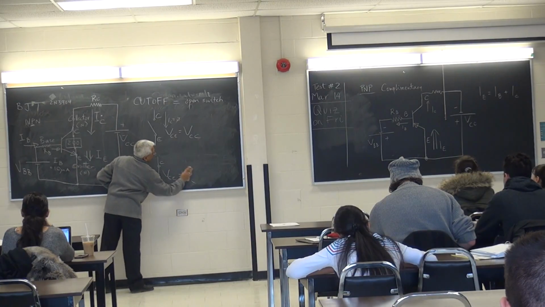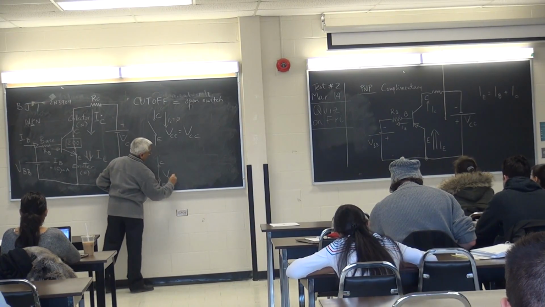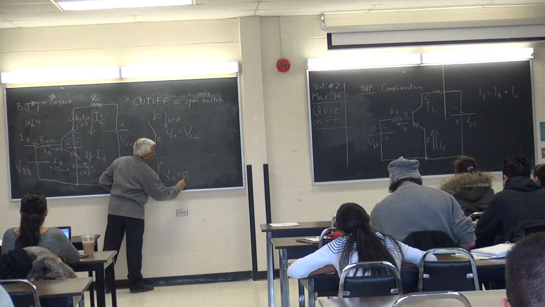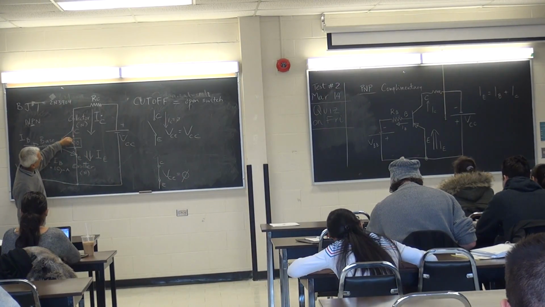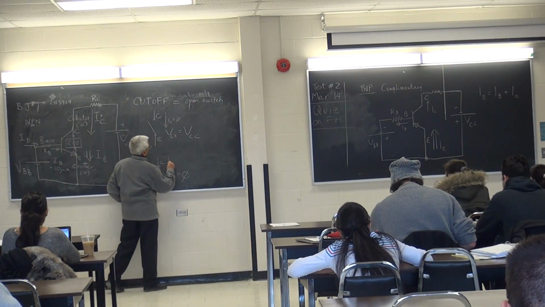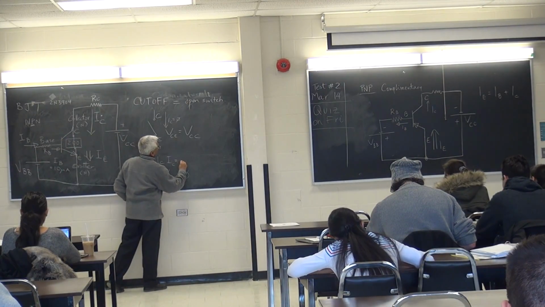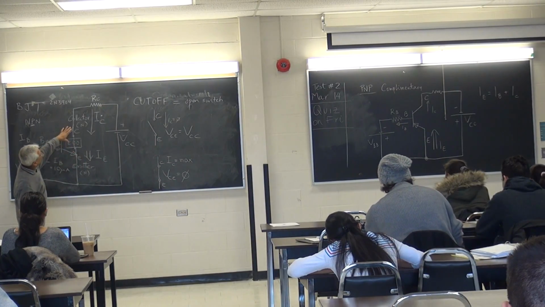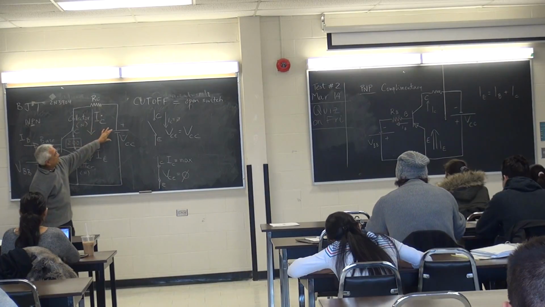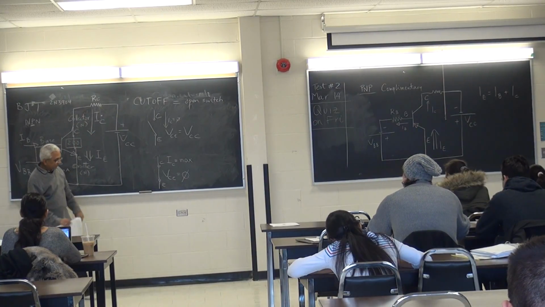When it's closed, what is the voltage across a closed switch? 0. Right? So when it's closed, then the voltage is 0, the current is maximum. IC is maximum. When it's open, the voltage across the transistor is equal to the supply voltage, VCC.